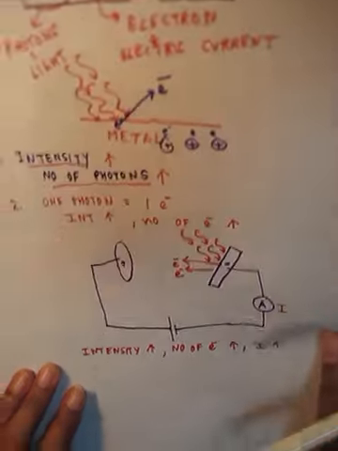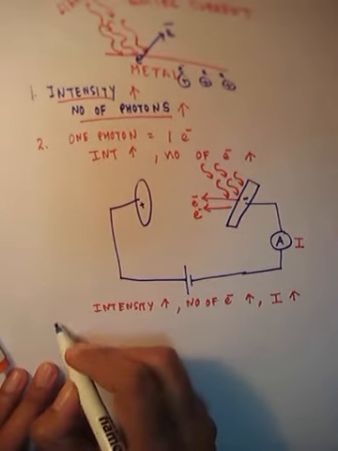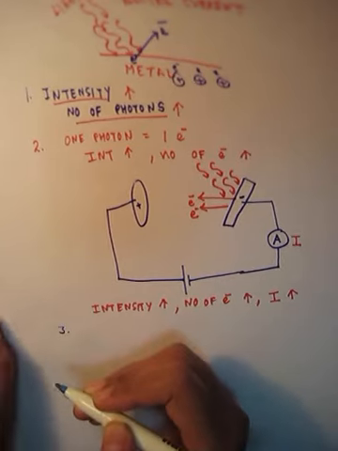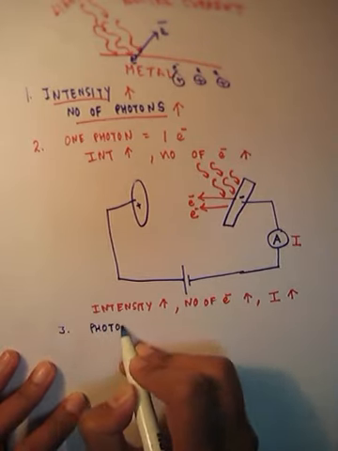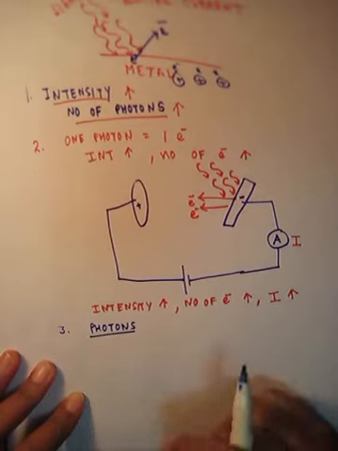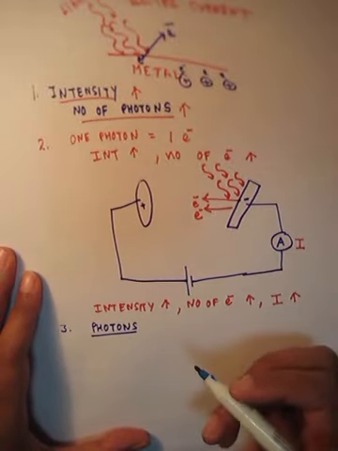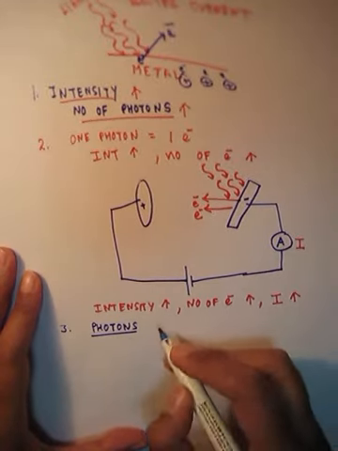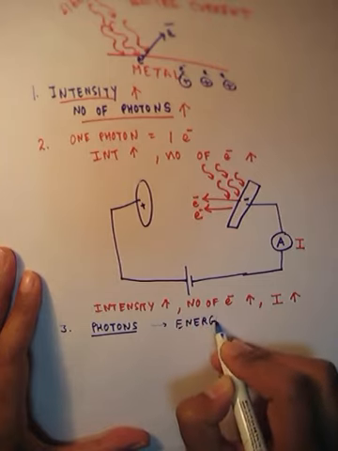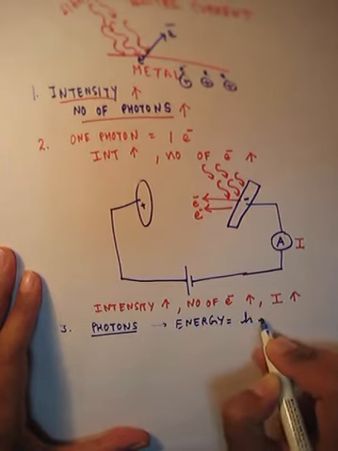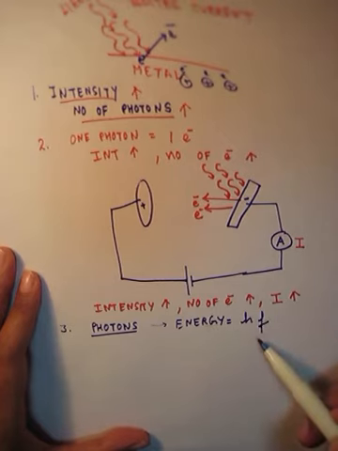Now let's also talk about the energy of these photons. A photon has a specific energy, given by h into f. So energy of a photon depends upon its frequency.